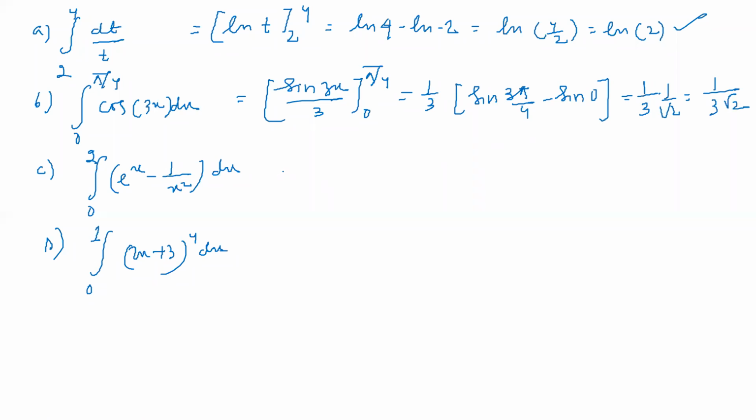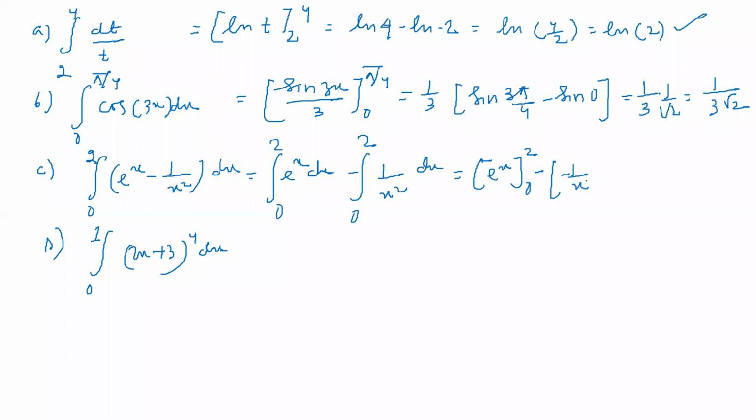Next here, students, see e to the power x. Plus is plus, so they are separate integrals: e to the power x dx from 0 to 2, minus the integration of 1 by x square dx from 0 to 2. The integration of e to the power x is e to the power x, from 0 to 2, minus of minus 1 by x, with the limit 1 to 2.